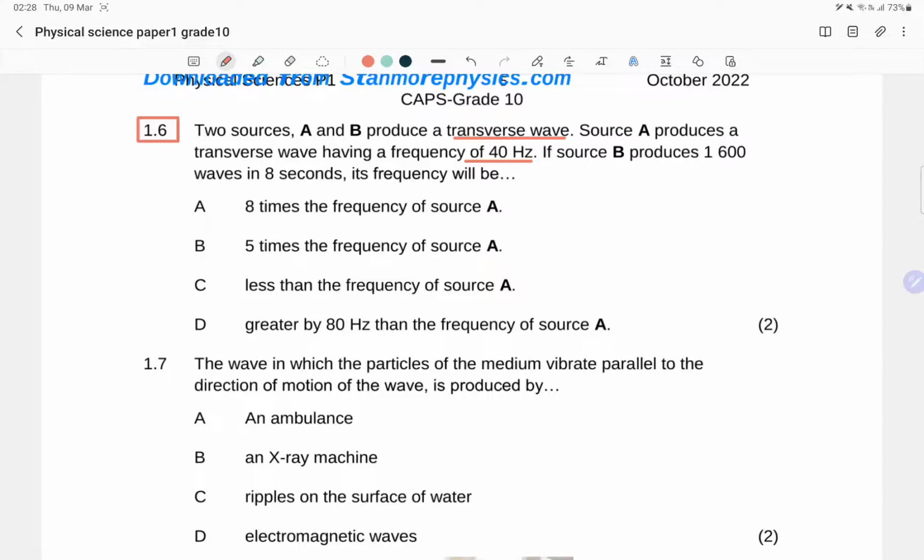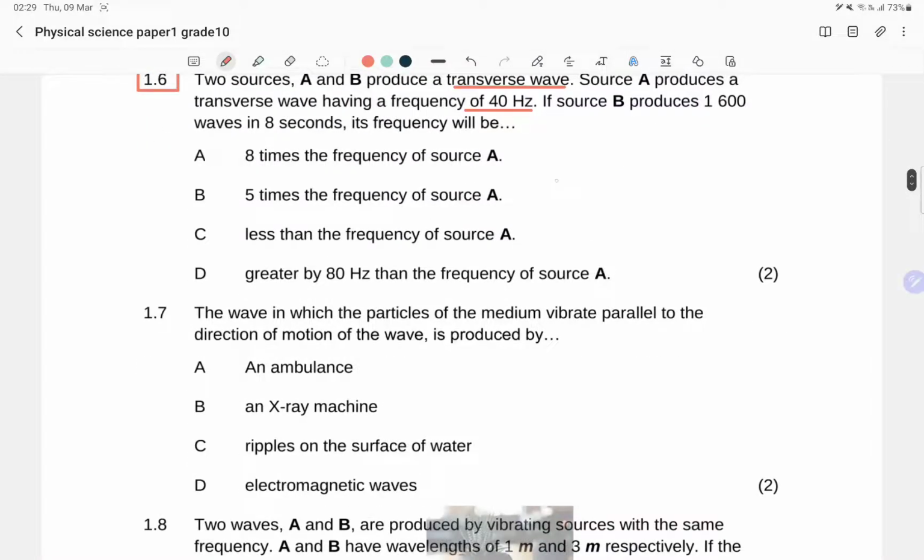Okay, so we know that frequency is defined as the number of waves passing a given point per second. So what is the number of waves? It's 1,600 divided by 8 seconds. So this gives us 200 Hertz.